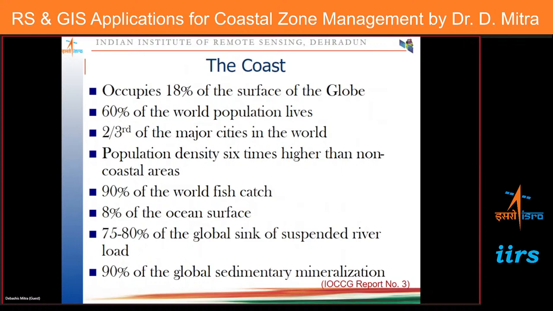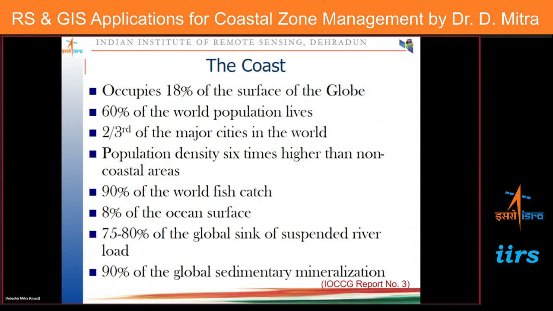So if you see some important bullets for why we should study the coast, it is around 18% of the surface of the globe, as we have already said. 60% of the world population are living within this coastal zone. 2/3 of the major cities of the world are in the coastal zone.